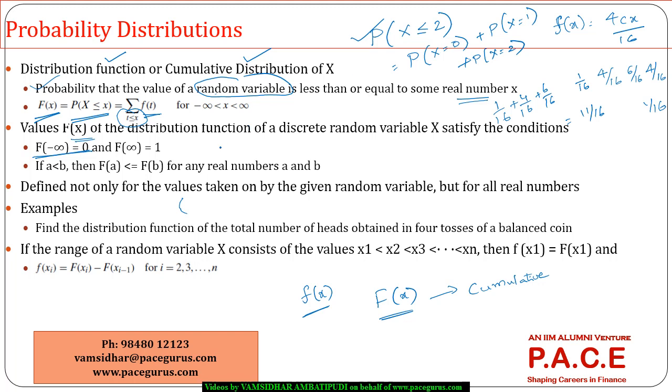And a couple of other rules. If a is less than b, then F(a) should be less than or equal to F(b).